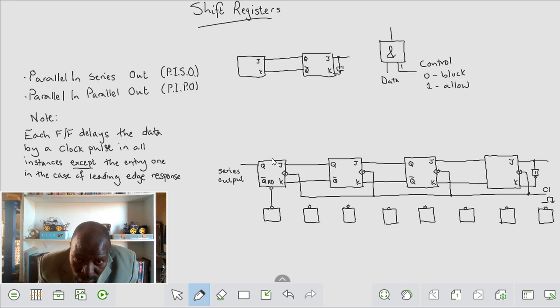The other one goes to the other end, set. Reset, set, reset, set, reset, set, and reset. And they're all with zeros.